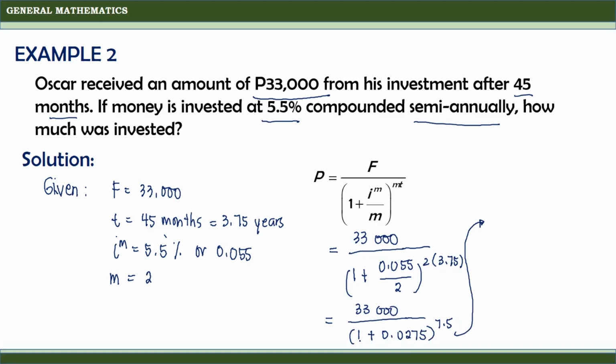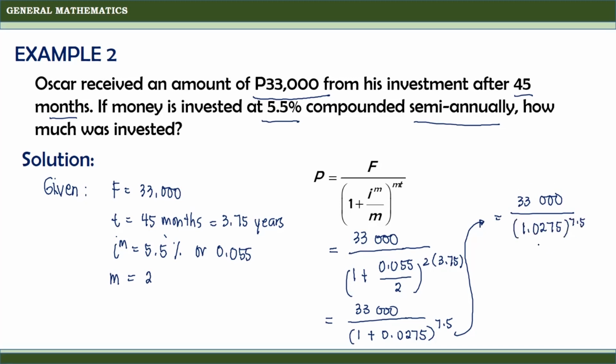Next, add 1 and 0.0275, giving us 33,000 all over 1.0275 raised to 7.5.